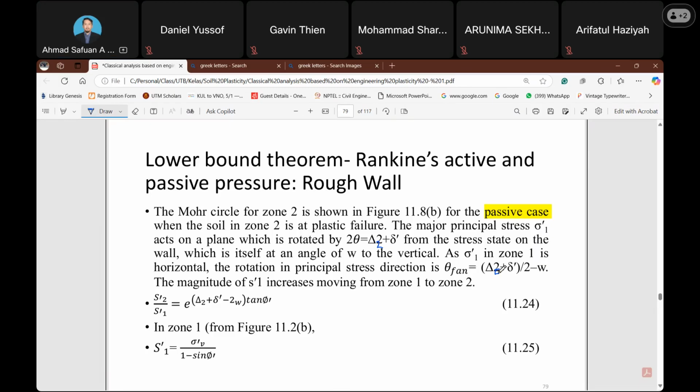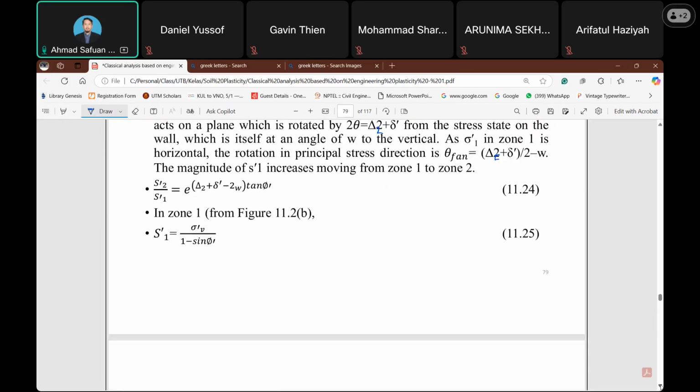Okay. So then it becomes 0.24. And in zone 2, we obtain 11.26, for the normal stress.